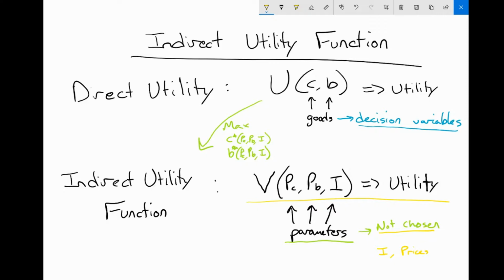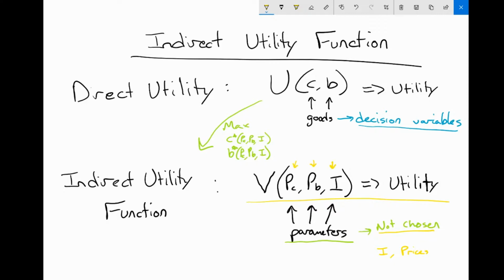It gives us the utility value that is achieved, assuming that the optimal constrained decision is made. So if we have the indirect utility function, we give it the parameters. That means we give it the prices, and we give it the income.